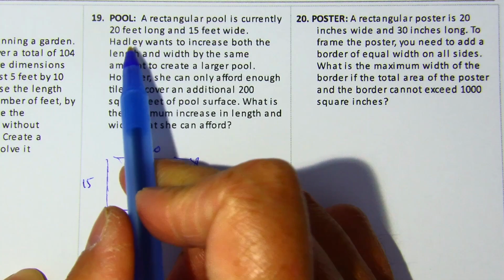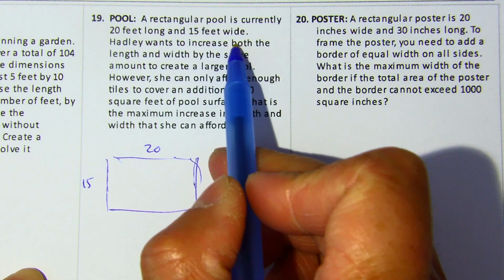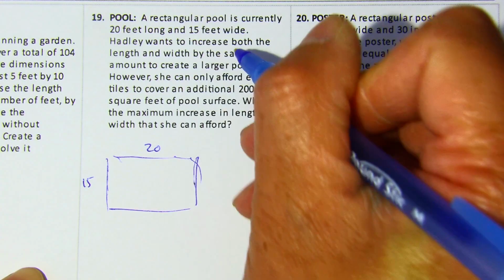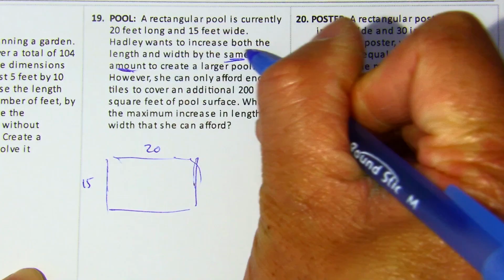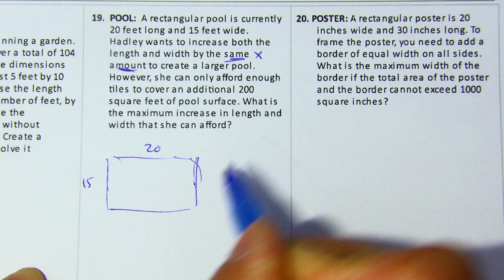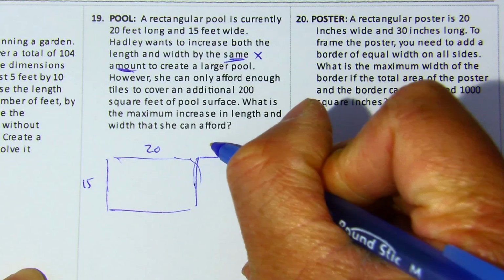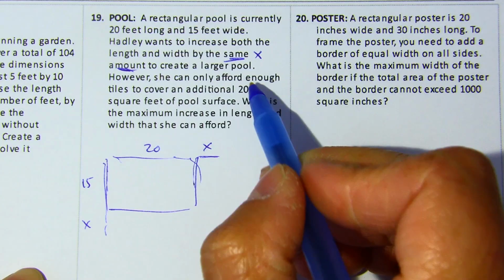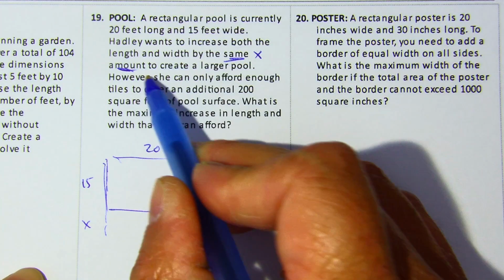Hadley wants to increase both the length and the width with the same amount. So the same amount is going to be x. So here's x. Here's also x. To create a larger pool.